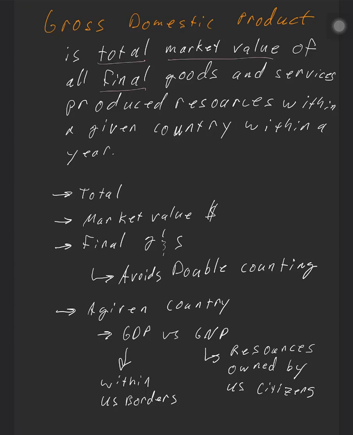So if the country produces 100 fire trucks and it produces 1 million apples, it's not very informative for us to say it's produced 1,100,000 items, just generic things that we just added up. But if I take the market value, and every fire truck is worth $100,000, and say I got $10 million worth of fire trucks, and then every apple costs $1, so I've got $1 million.